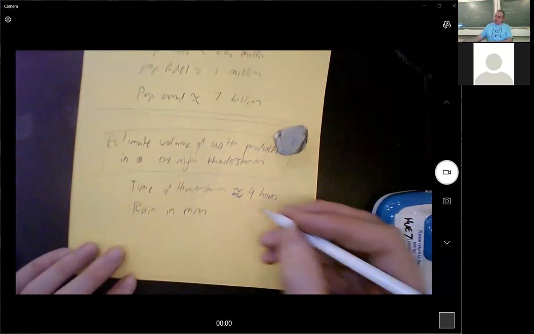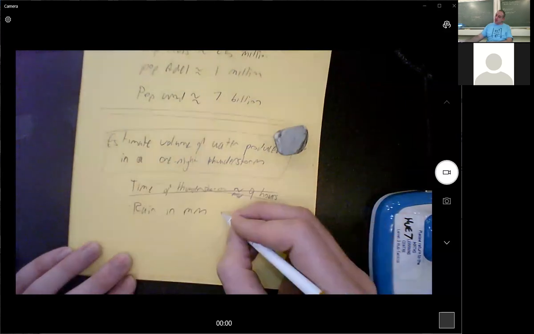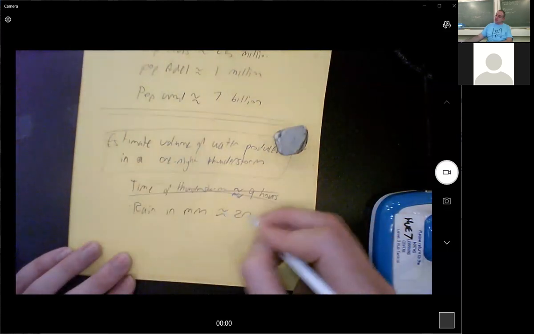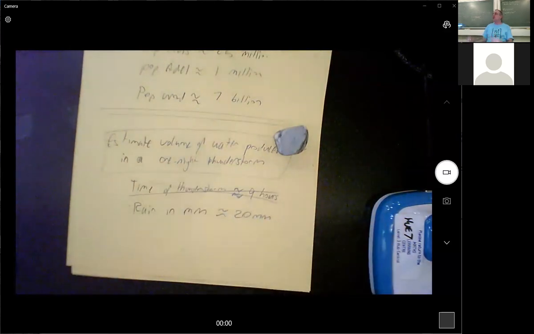So let's just say rain in millimeters, don't need that. Let's say it was 20 millimeters, which is a big storm. So I'm not going to worry about the hours. You could also guess the rain per minute if you wanted to. I'm just going to say it's a 20 millimeter rainstorm.